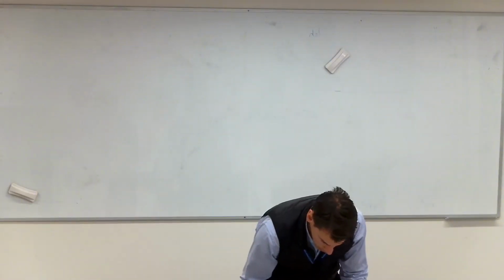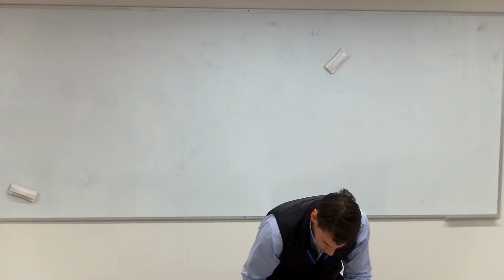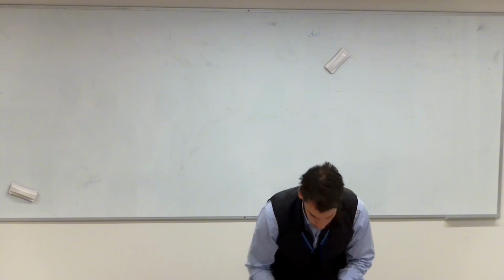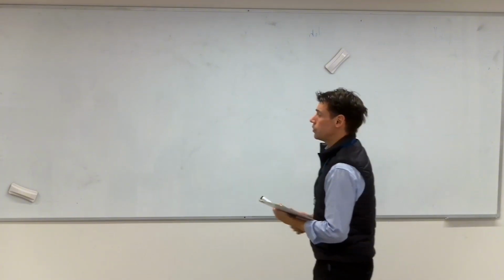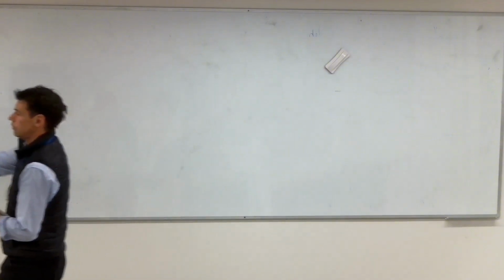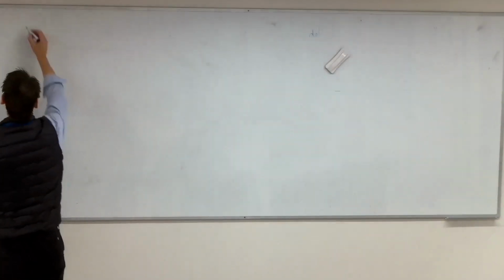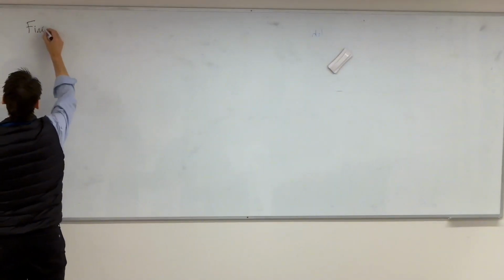Okay, so now I want to move back to some number theory to define combinatorial invariance using this. So I'm now going to talk about finite fields.